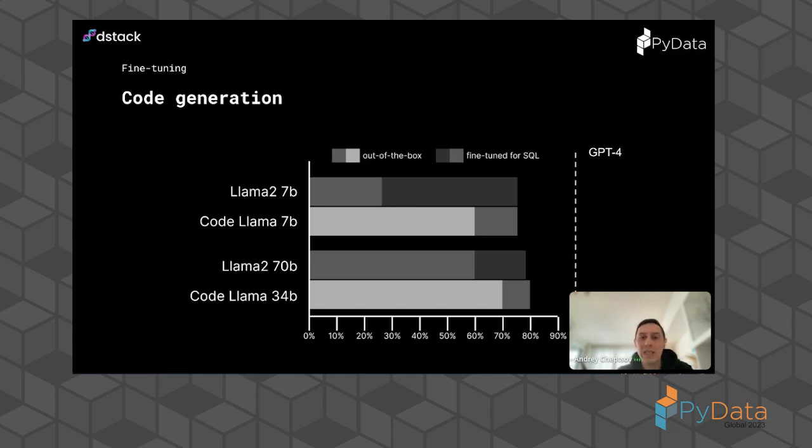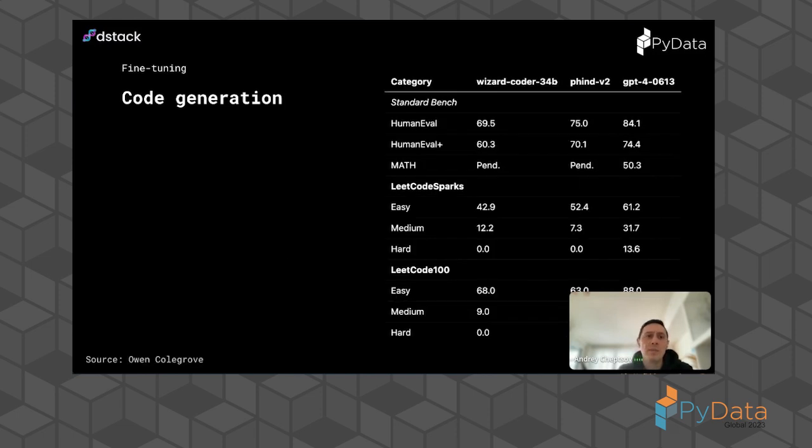What they learned is that just by fine-tuning even a very small model, you can achieve the quality of, let's say, the largest one, or even come really close to GPT-4. Here you see that the fine-tuned version of Llama 2 with 7 billion parameters came almost to the same accuracy as Code Llama with 34 billion parameters, and not that far from GPT-4.